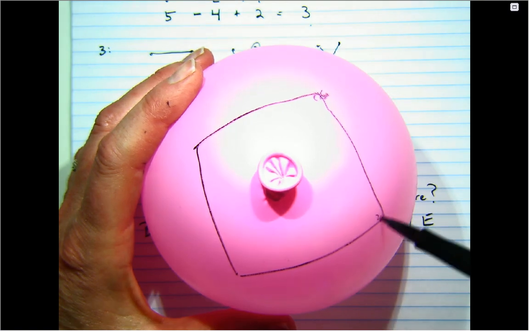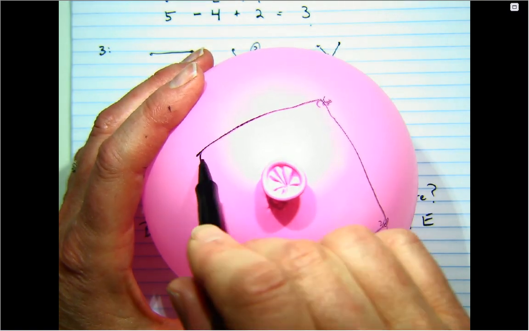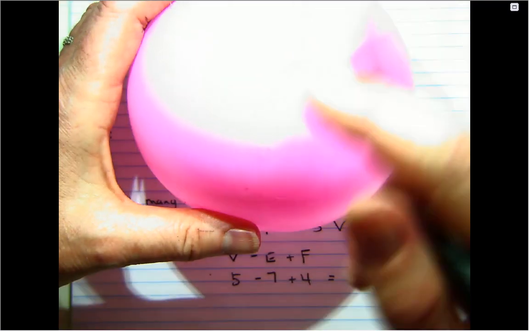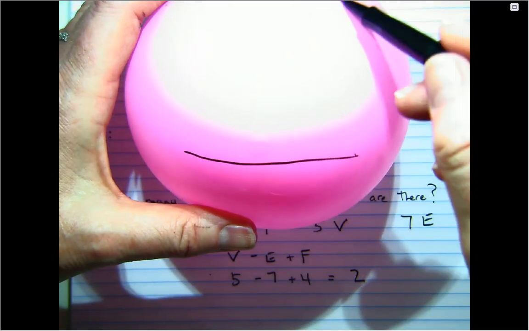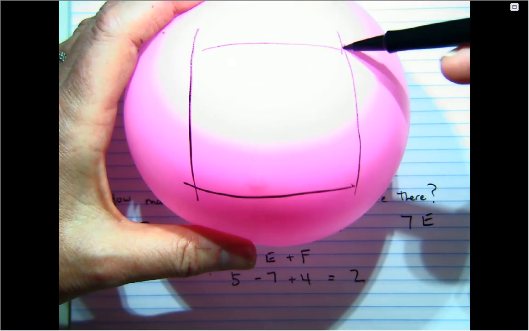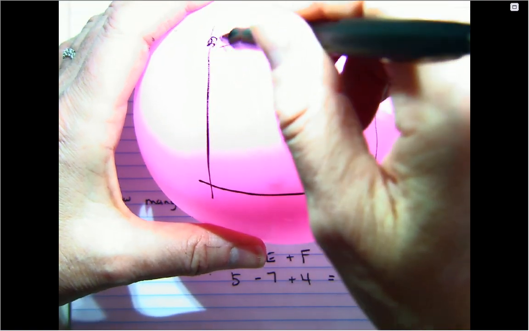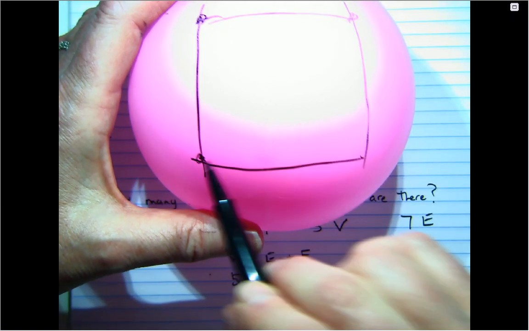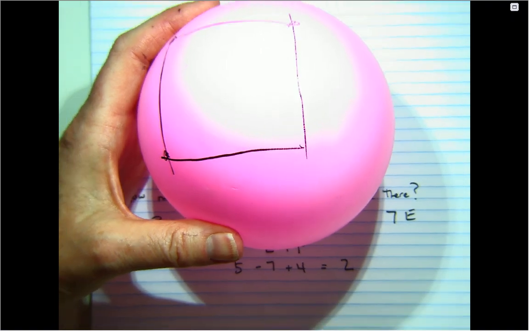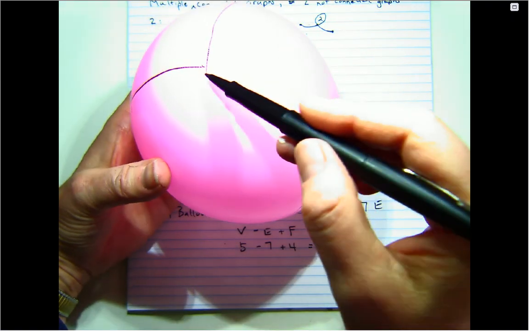It has some curvature going on. So there's a square, and then I'll put the bottom square here. The bottom face goes here. And then I'll go ahead and connect the corners.